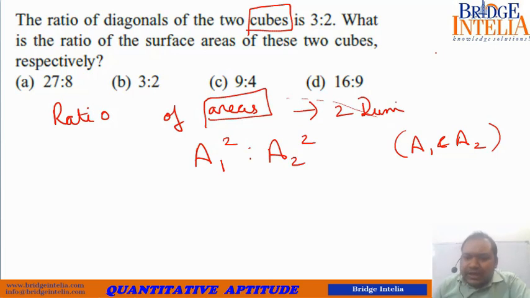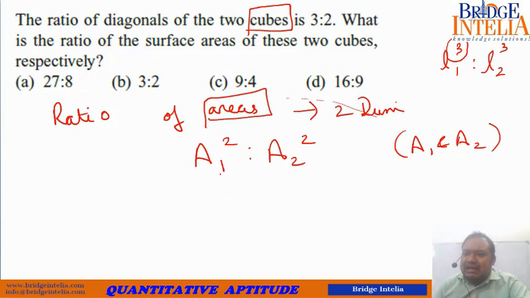If you are talking about volume, which is three dimensional, then the ratio would be of length cube. But here we are interested in finding the surface area.